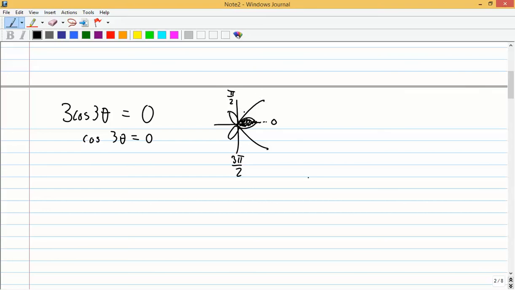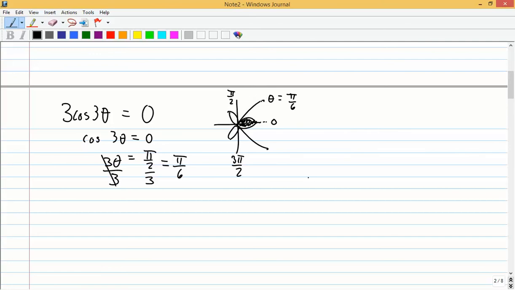Alright, so the way that you do that, you write down the answer for theta. The cosine of theta is pi over 2, but we don't have theta, we have 3 theta. So to get the answer, divide both sides by 3. That's pi over 6. Alright, so that's how you know that this is theta equals pi over 6 in polar.